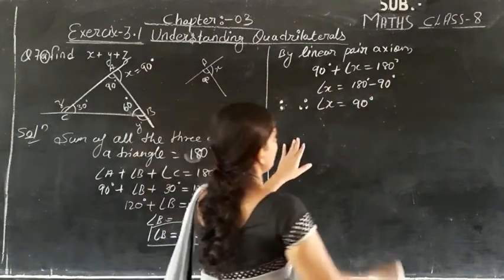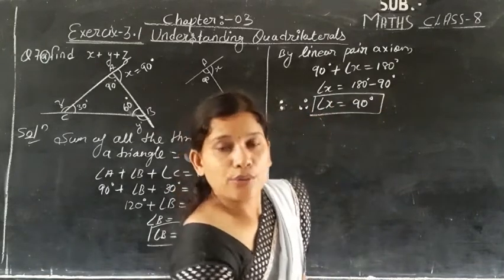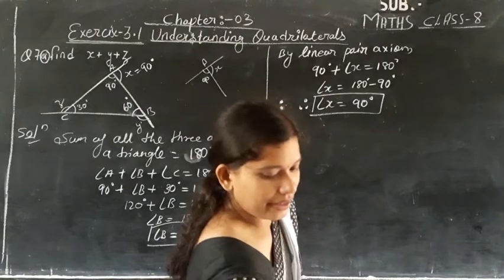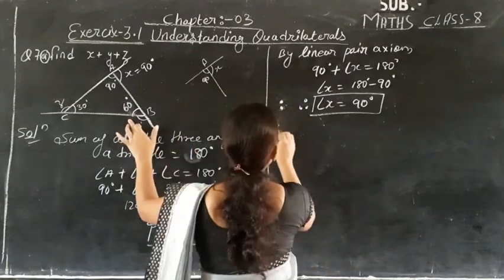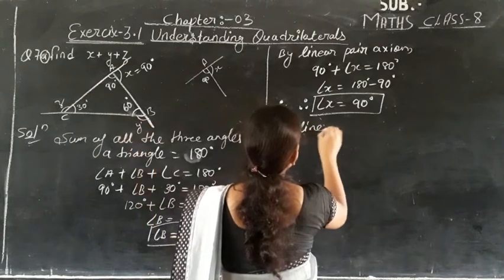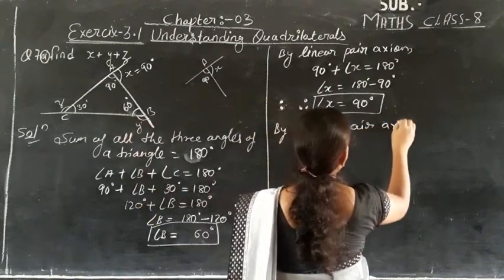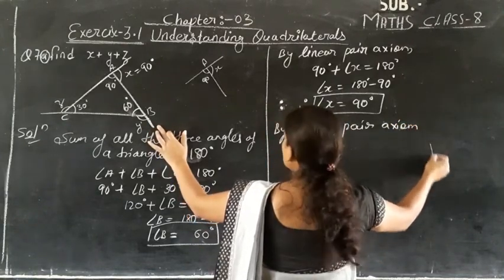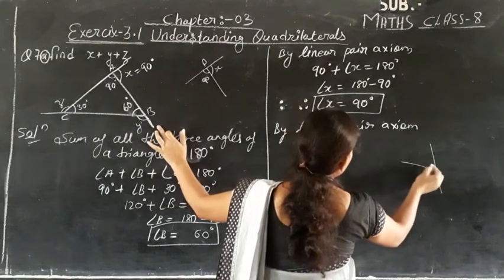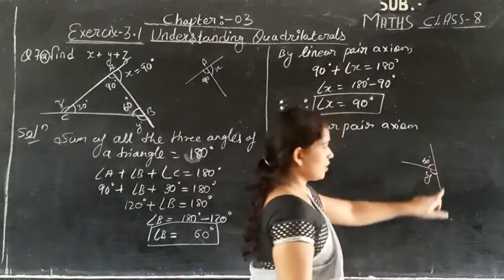Have you understood up to here everyone? Now in the same way we are going to find the next angle, that is this angle. Again by the linear pair axiom, look. This one is the straight angle where this one is 60 degrees and this one is y. So it is a straight line.